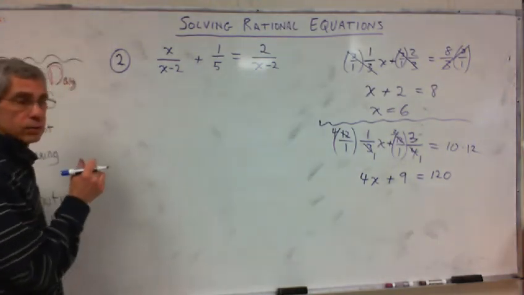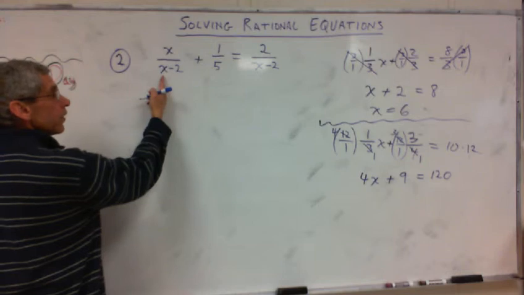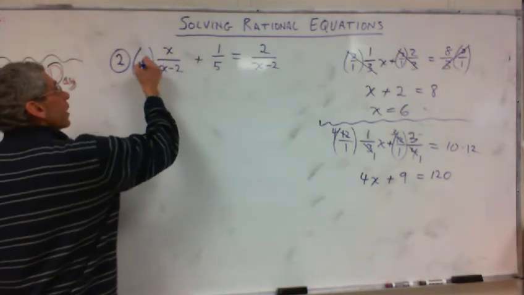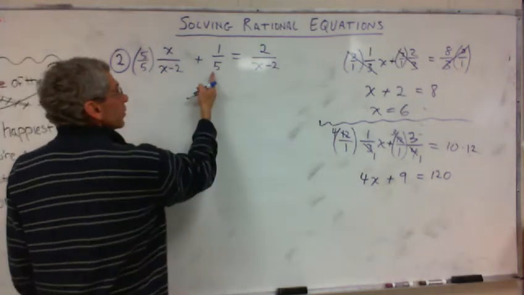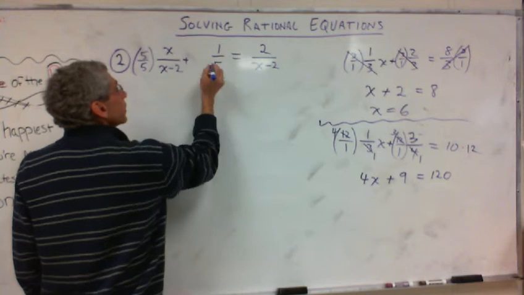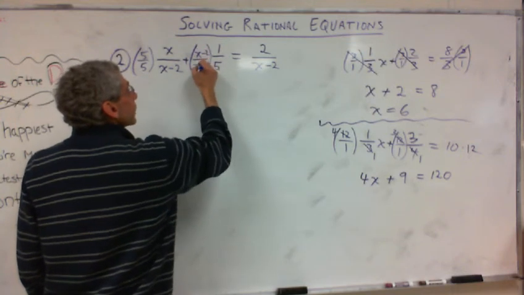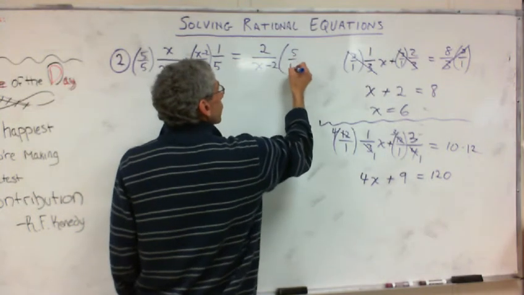You see how this one's missing a 5 in the denominator, right? So I'm going to multiply this one times 5 over 5. What's this one missing? An x minus 2, right? So I'm going to multiply this by x minus 2 over x minus 2. What's this missing? A 5, so I'm going to do 5 over 5.